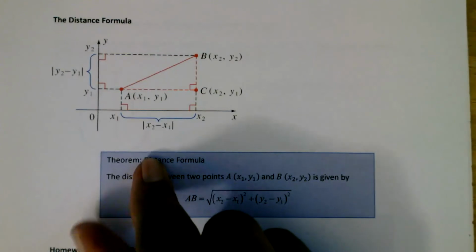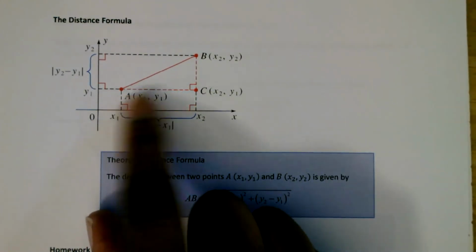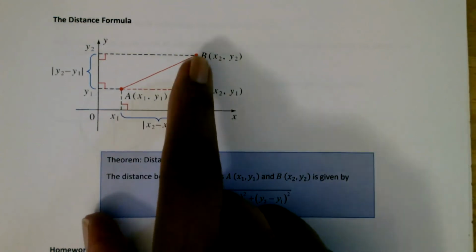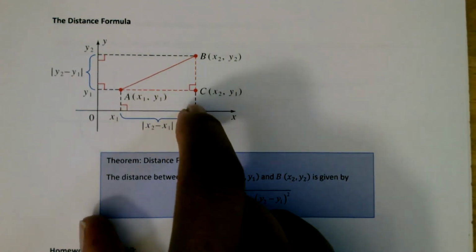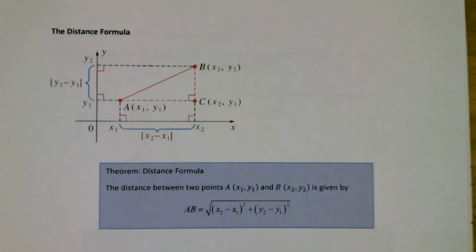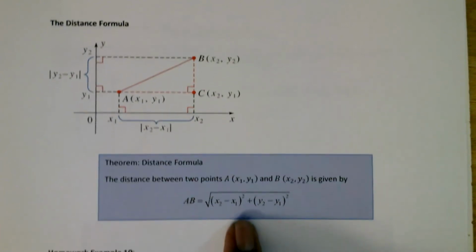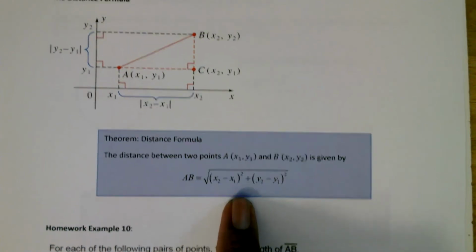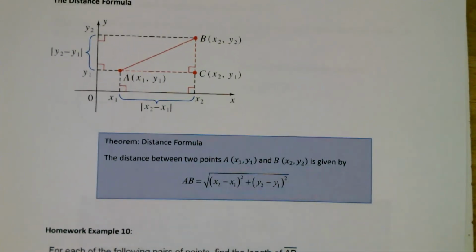Okay. So the horizontal distance going this way will be x2 minus x1. The vertical distance going from B to C would be y2 minus y1. Okay. And then we use that Pythagorean theorem to come up with our distance formula. And for the sake of time, I'm not going to derive that distance formula for you, but I'm just going to give it to you as is.